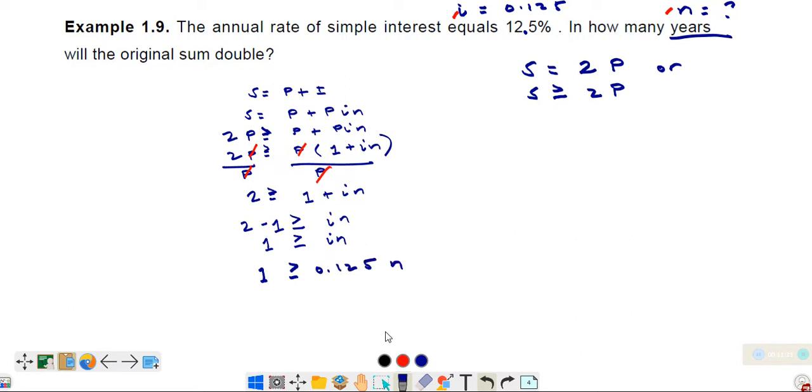0.125N. Paano natin makukuha yung term N? So, divide both sides by 0.125.